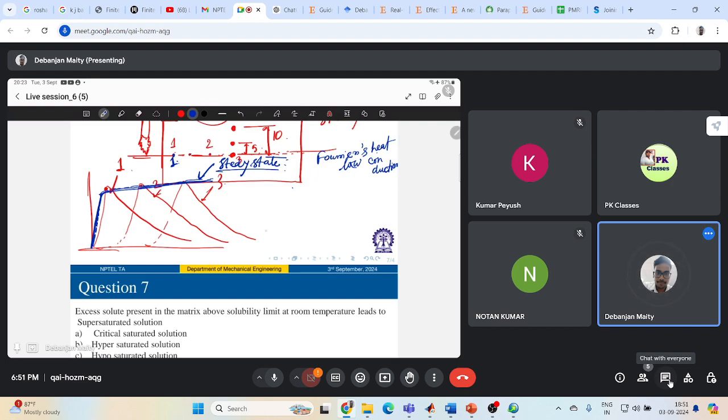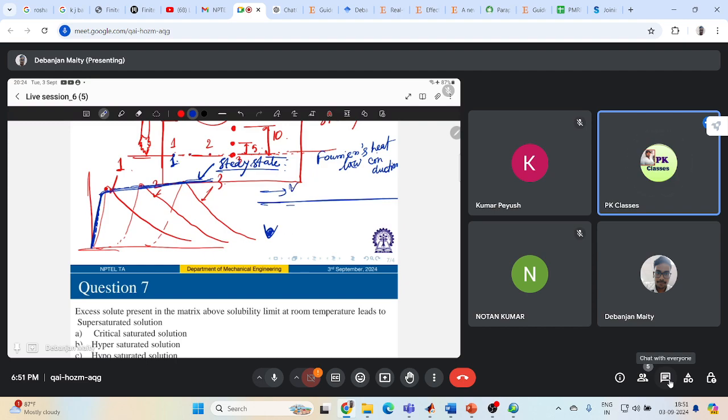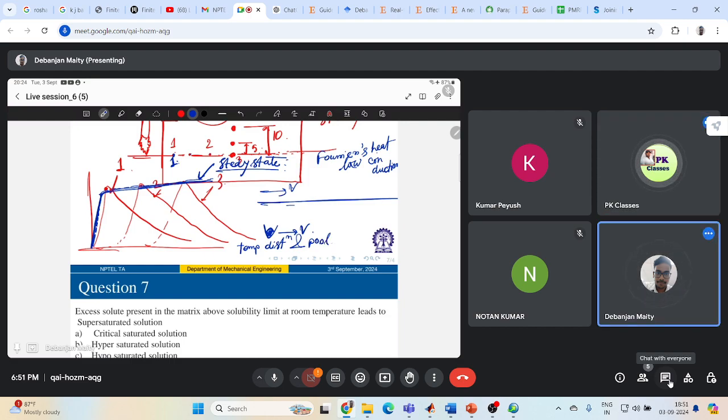If I am an observer having the same speed, the temperature distribution and pool shape stay the same.